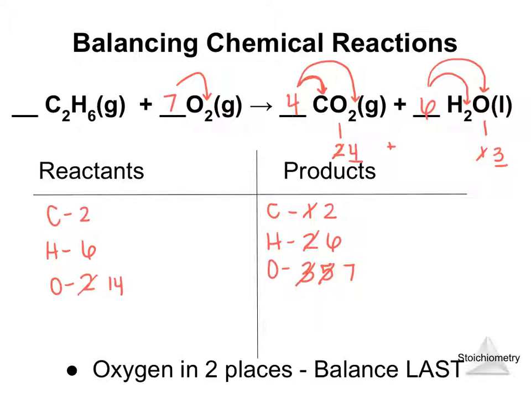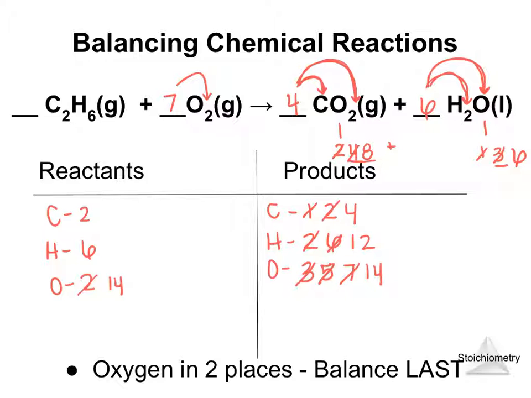So I've got 4 carbons. 4 times 2 is 8 oxygen there, plus another 6 times 1 is 6. So 8 plus 6 gives me 14. That's what I was going for. And then 6 times 2 gives me 12 hydrogen. So essentially I've doubled everything that I had in the product side.